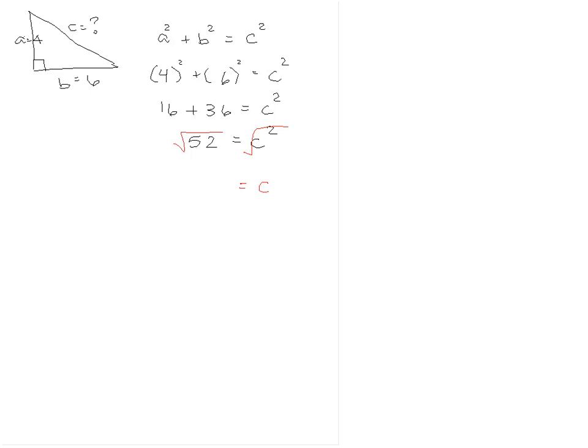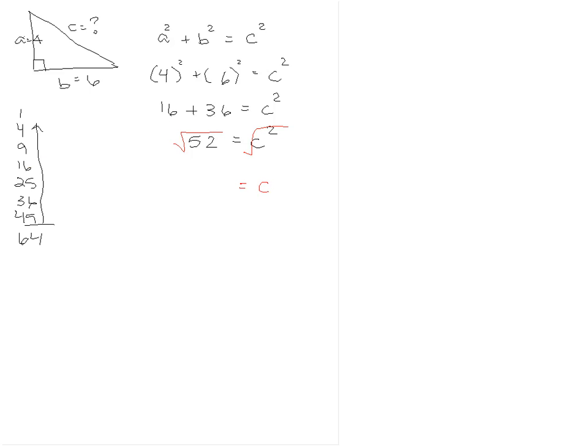1 times 1 is 1. 2 times 2 is 4. 3 times 3 is 9. 16, 25, 36, 49, 64. All right. Looking at this, what perfect square goes into 52 evenly?